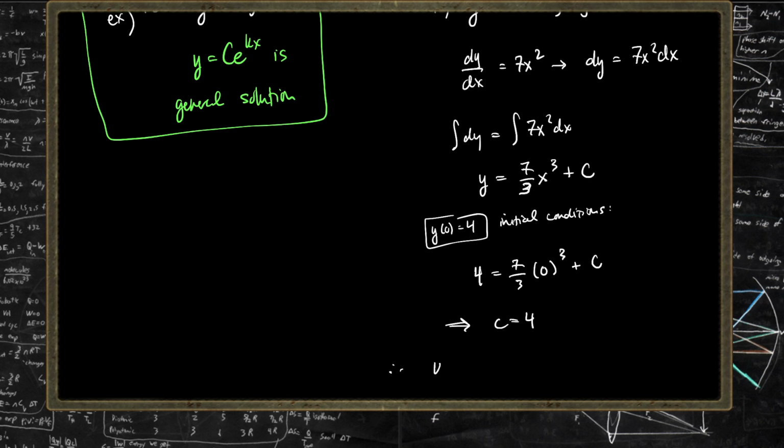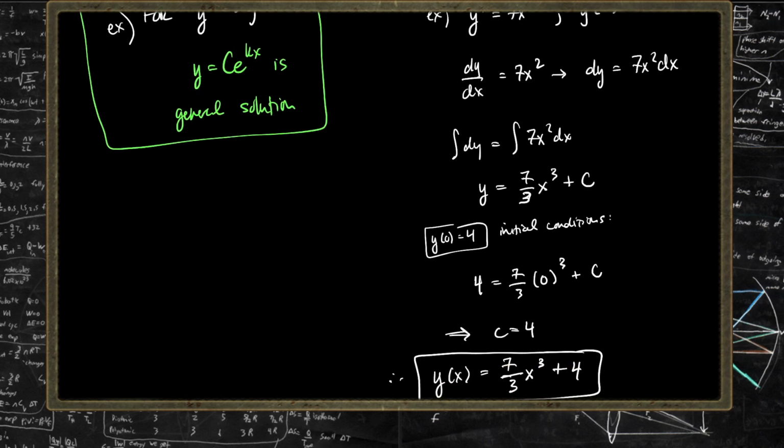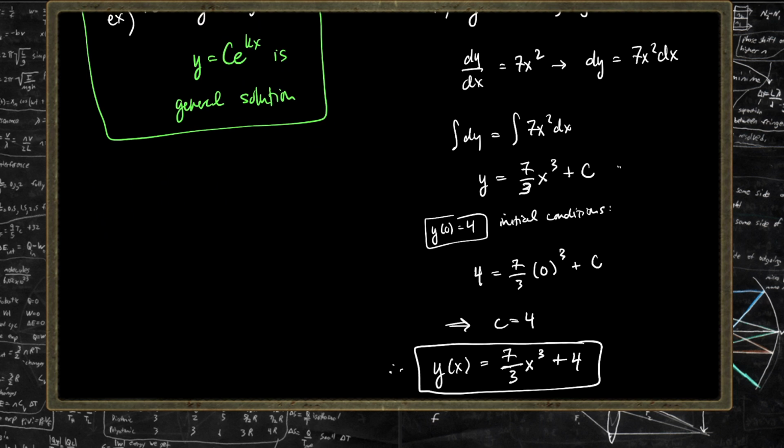Therefore, our particular solution that we're after is y of x equals 7/3 x cubed plus 4. So when we solve the differential equation to start with, we get a general solution that's only unique up to a constant. It's a family of functions, but if we have an initial condition, a starting point, whatever it is, then we find that one singular curve that solves it. Okay?